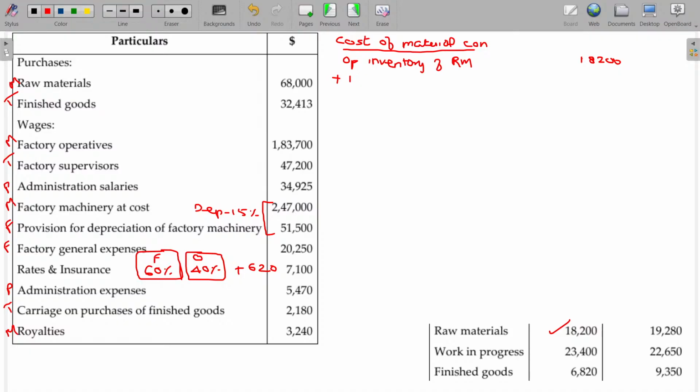Add purchases of raw material here is 68,000. Do we have carriage on purchases of raw material? No. To confuse you, they have given carriage on purchase of finished goods. That will be a trading section item, not here. Now the total being 86,200.